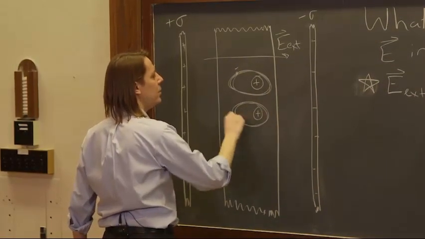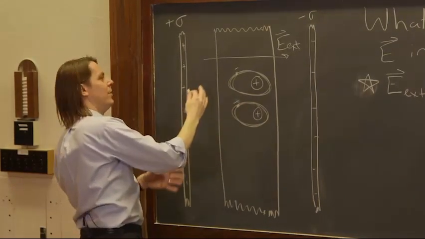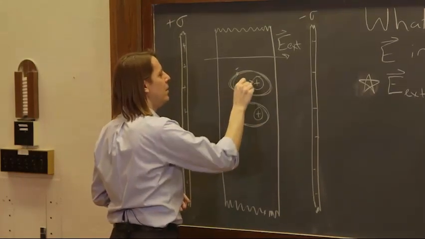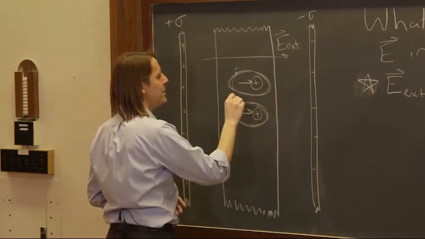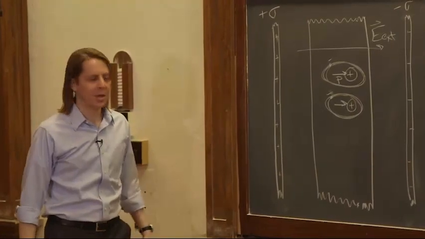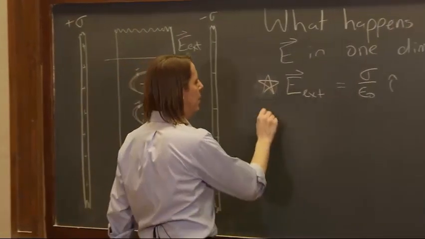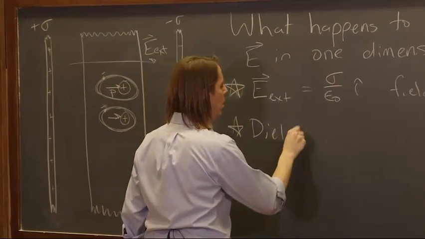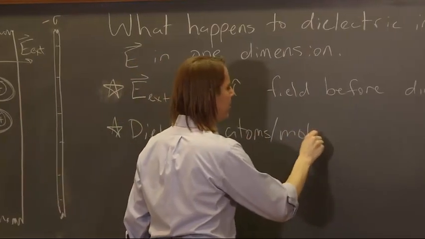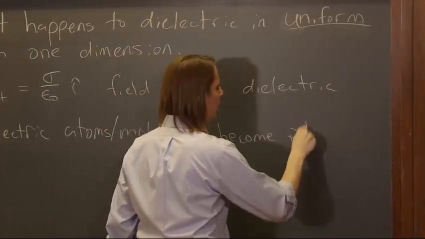So the electrons get pulled to the left, the positive nucleus goes a little bit to the right, and you generate little dipole moments, p, inside each molecule. And there's a lot of molecules and atoms in there, so a lot of dipole moments. So the dielectric atoms or molecules, however you want to think about it, whatever it's made of, become polarized.